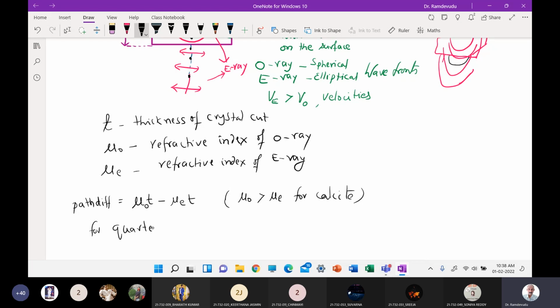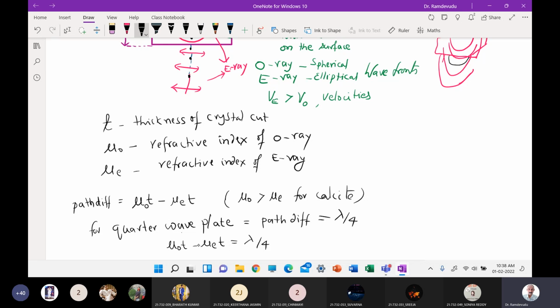a quarter wave plate, a plate that introduces a quarter wave path difference between the O ray and the E ray. So for a quarter wave plate, the path difference must be equal to lambda by 4. Therefore, I write mu naught T minus mu E T is equal to lambda by 4.